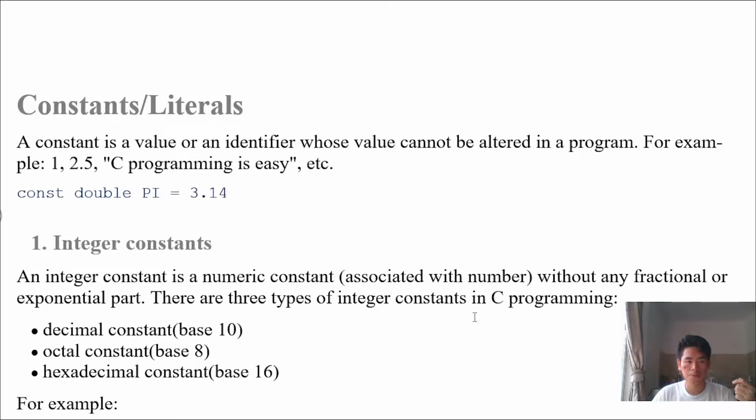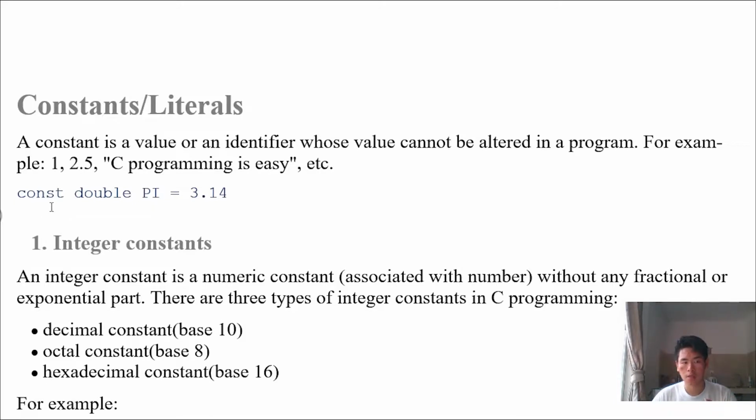Now let's move to constants. A constant is a value or an identifier whose value cannot be altered in the program, just like I mentioned before. For example, 1, 2.5, or the string "C programming is easy", and so forth. These are examples of constants, and in order to declare a constant, you have to use the keyword const, which stands for constant.